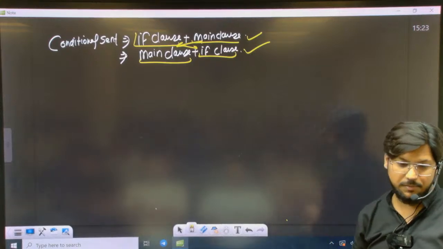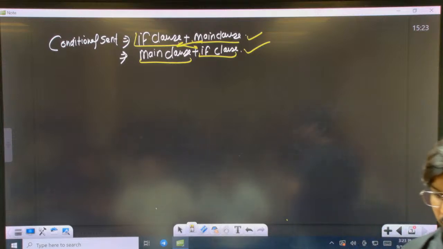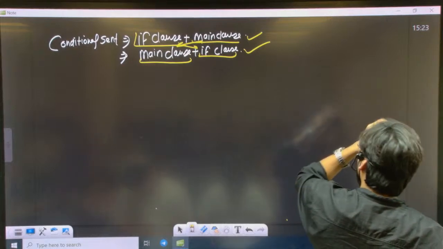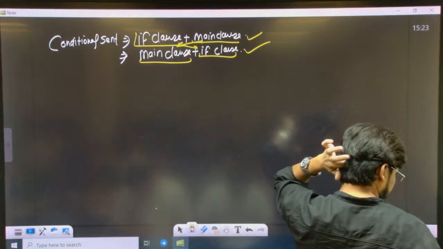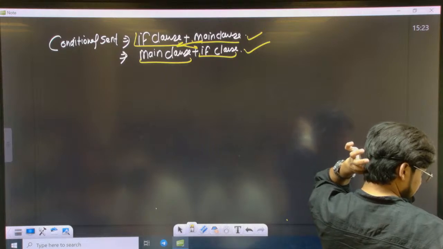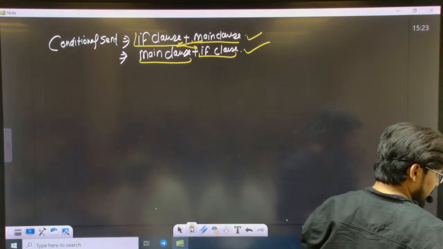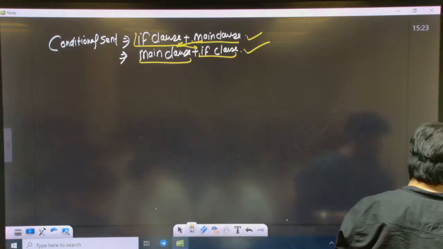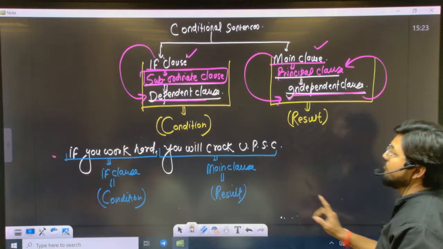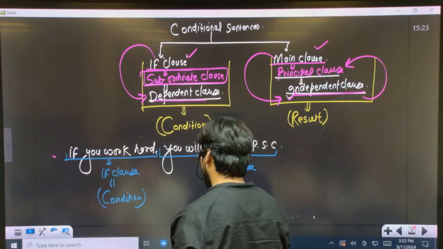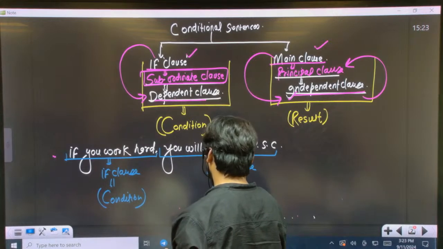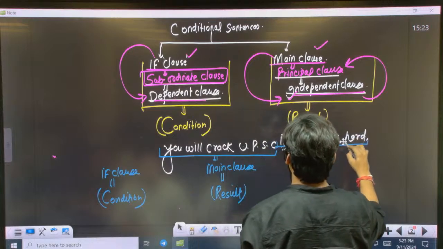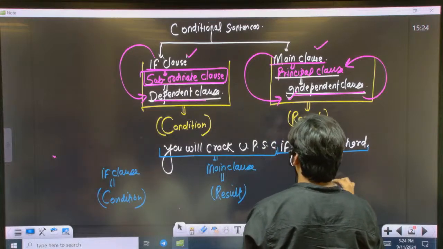Now come to the point. Just note down first. If we just talk about this point of view, what do you think?